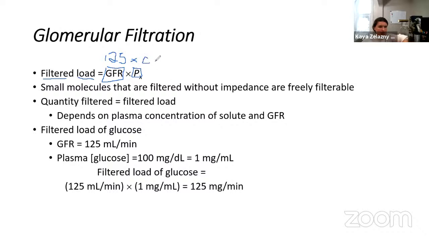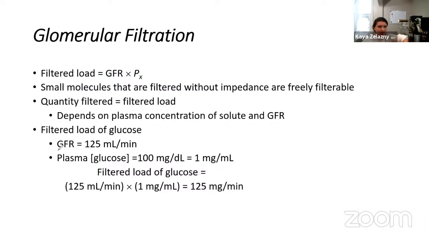That'll give us the filtered load of glucose. We're seeing how much plasma is being filtered and how much glucose was in the plasma, then we'll know how much glucose is filtered. So it's pretty straightforward. It just has a special name.